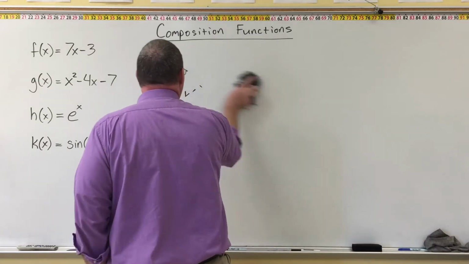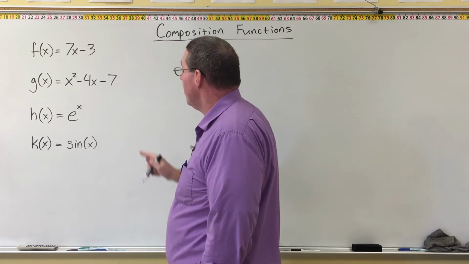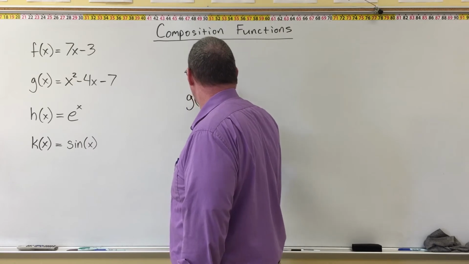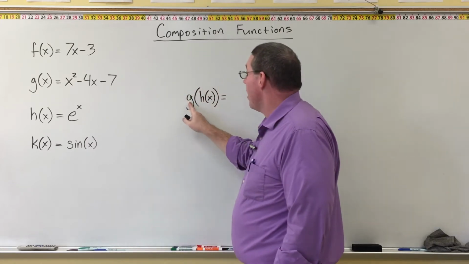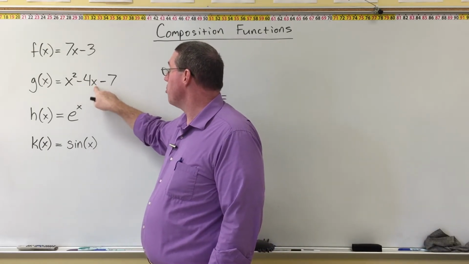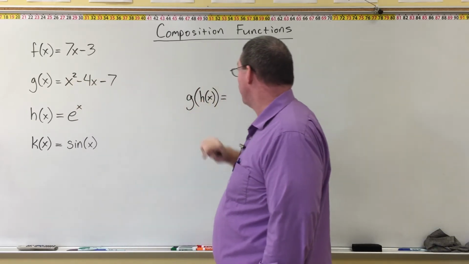All right, so let's try another one. Let's say we wanted to identify g of h of x. Now, g of x has 2 x's in it. And so we're going to have to replace both x's with h of x.